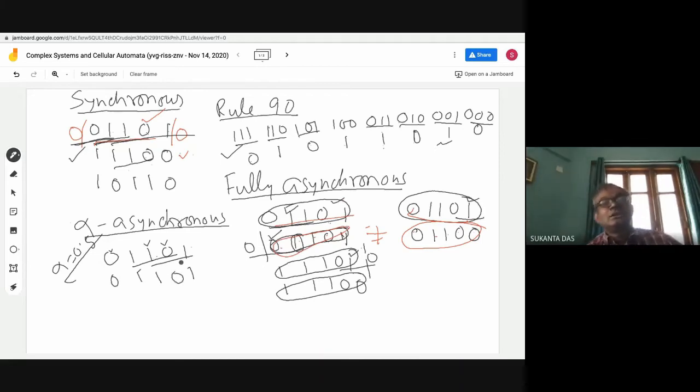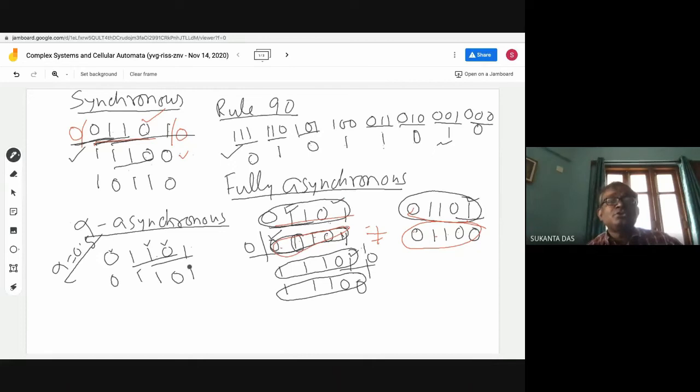So I have selected two cells to update, but however, we get the same configuration. That may happen. After updating, I may repeatedly receive the same configuration. So this is the configuration I get.